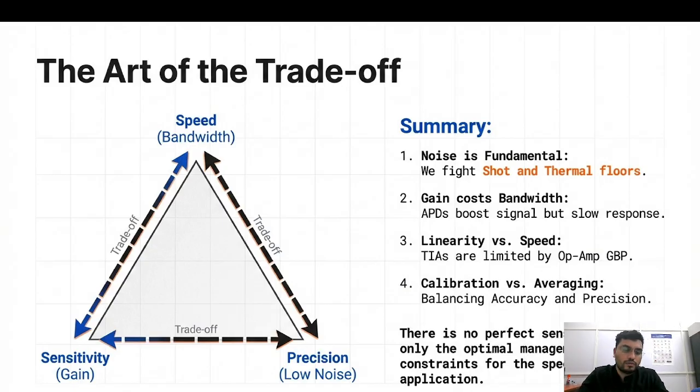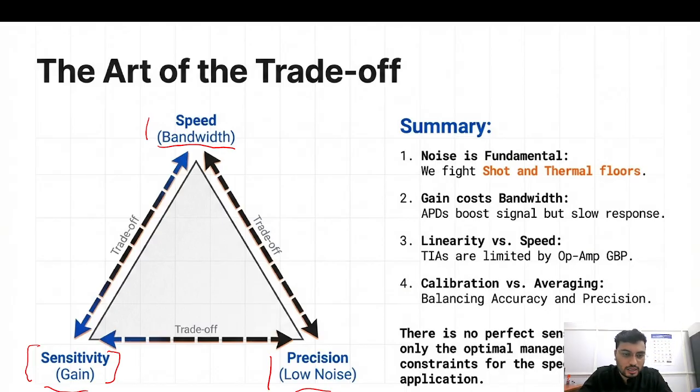If you want to increase the bandwidth, you need to trade off with the precision and sensitivity. Similarly, if you want a more sensitive sensor which can have more gain, you need to trade off with the bandwidth and precision. Again, if you want precision, then you need to compromise with the sensitivity and the speed.